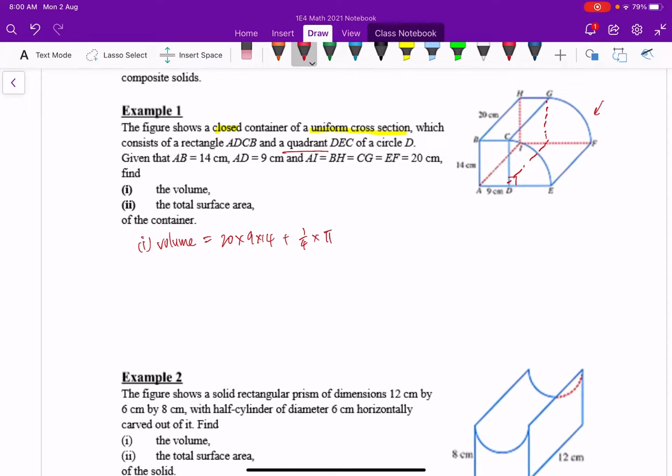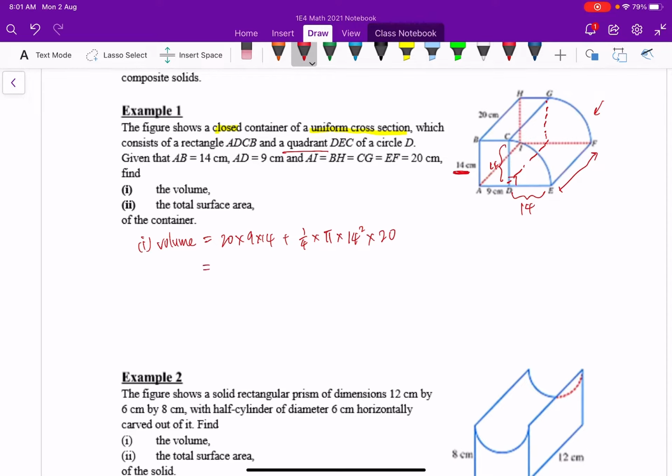So how do I do that? I need to first know the formula for the volume of a cylinder, which is pi r square, where r is 14 here, because they have given to you that this is 14, so this is also 14 and this is also 14. So pi r square times the height, which is the distance between the two cross-section areas, so times 20.